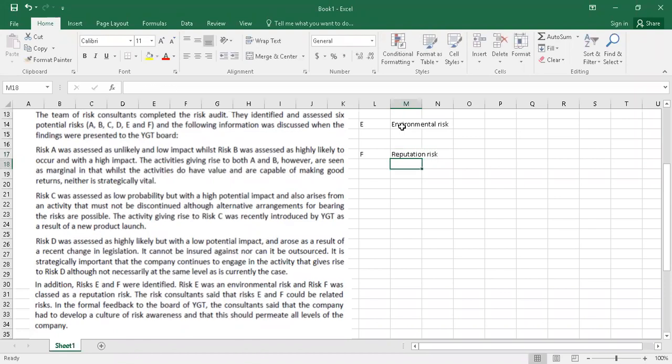There is some explanation given with that. The risk consultant said that risk E and F could be related risks. In the formal feedback to the board of YGT, the consultant said that the company had to develop a culture of risk awareness, and that this should permeate all levels of the company.